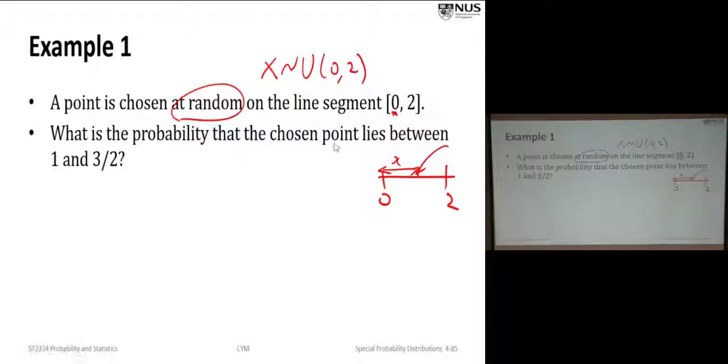Here we are asked whether the point lies between 1 and 3 halves. 1 is here, and 3 halves is here.